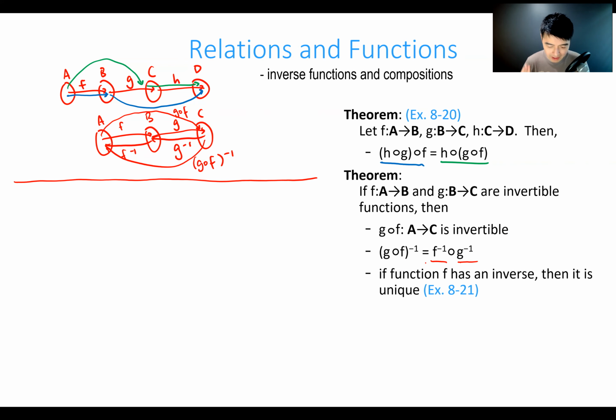Here, "it" refers to the inverse. So if the function F has an inverse, the inverse is unique to F. Another way to say that is: if a function has an inverse, it has only one inverse. It cannot have more than one.